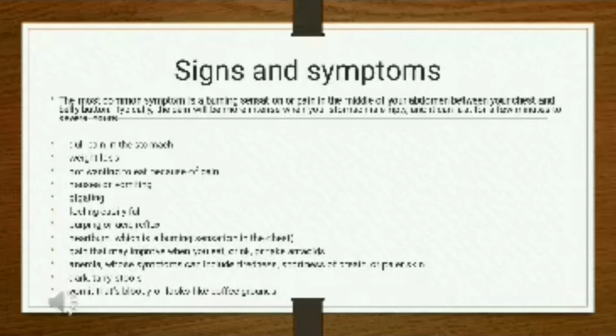Stomach ulcers are almost always caused by one of the following: an infection with the bacterium Helicobacter pylori, or long-term use of non-steroidal anti-inflammatory drugs, or NSAIDs, such as aspirin, ibuprofen, or naproxen.